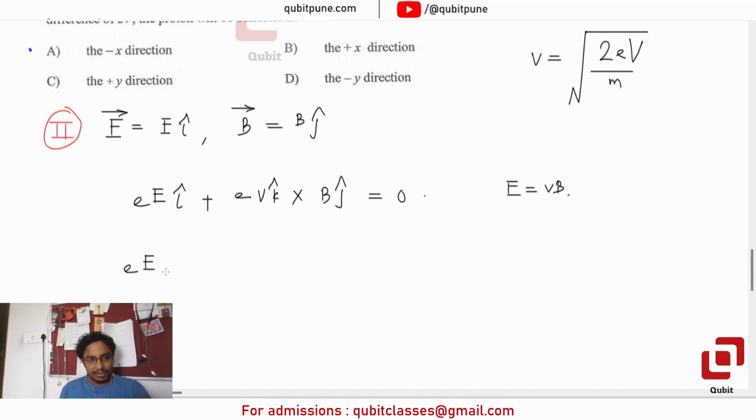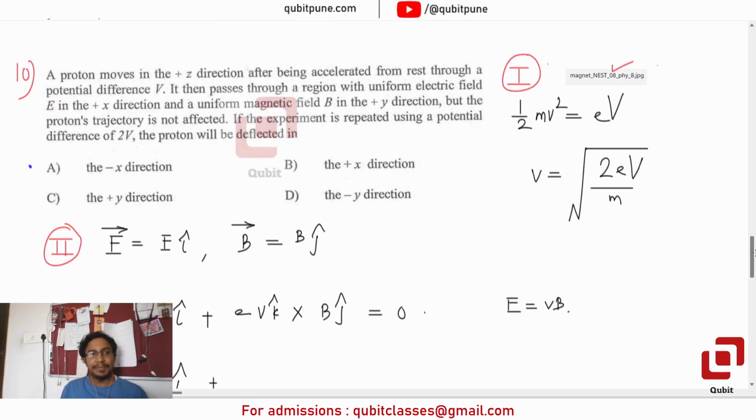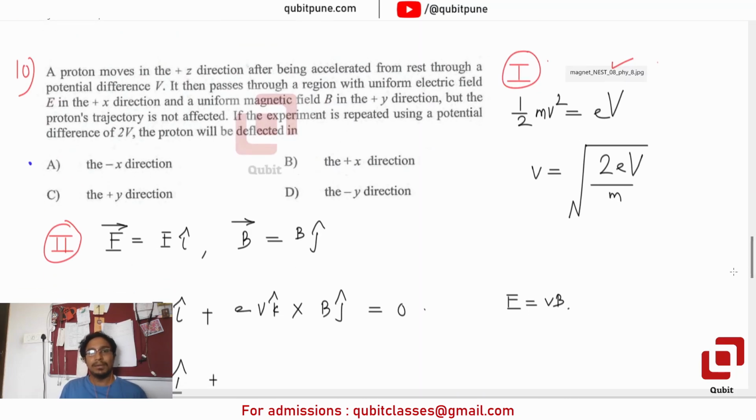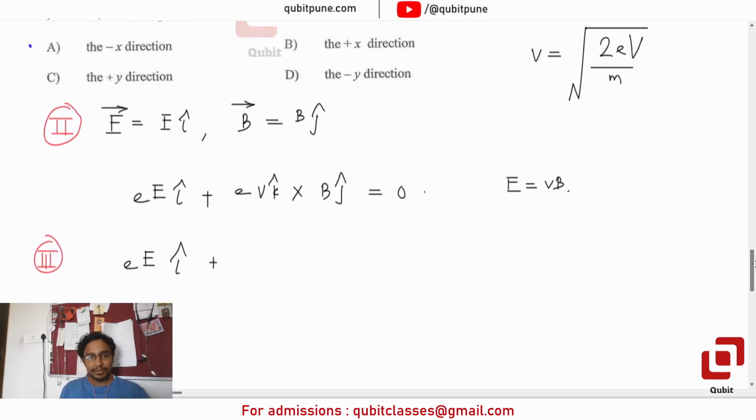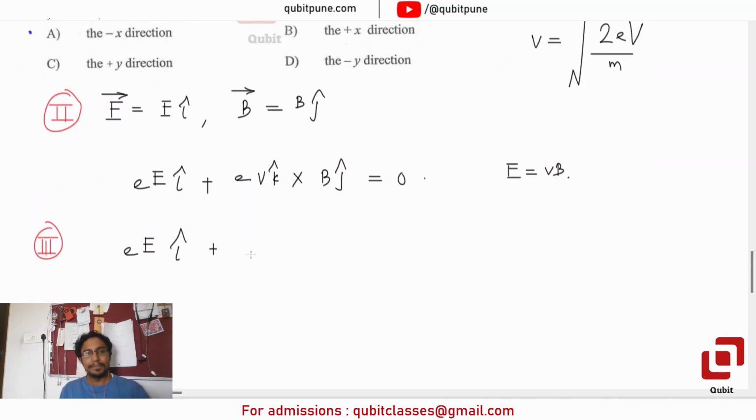Now let's consider the third step, where the proton's speed is no longer the same, because it is accelerated through a higher potential. Do you agree that the new speed would be root 2 times the old speed?